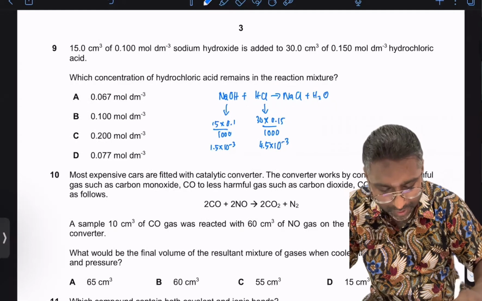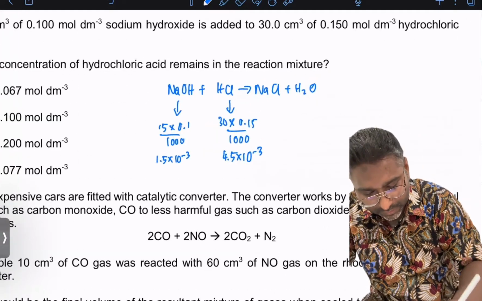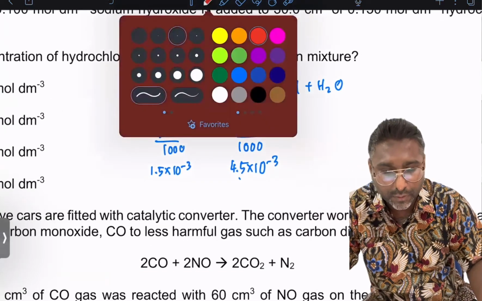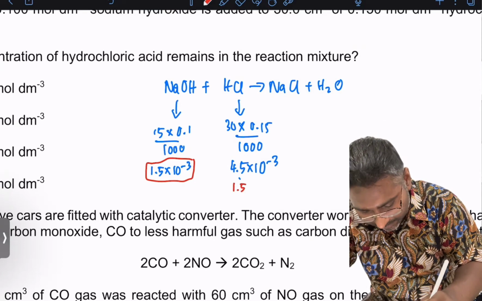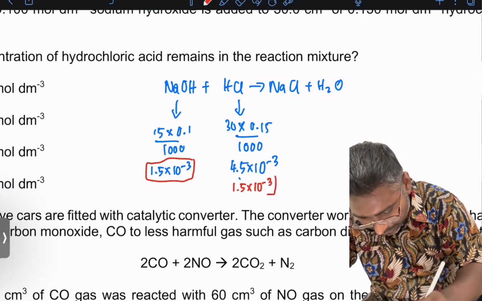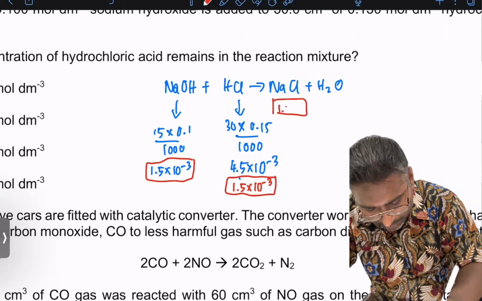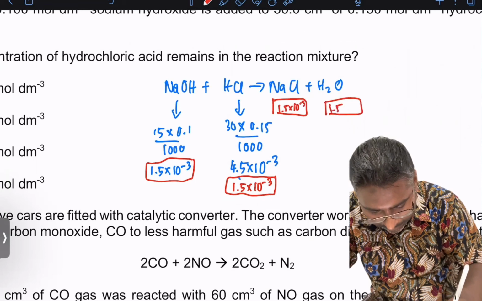We know that 1 mole will react with 1 mole. So this is extra. If I circle, this will be used up. So they are going to react with 1.5 times 10 negative 3 over here to produce 1.5 times 10 negative 3 over here.